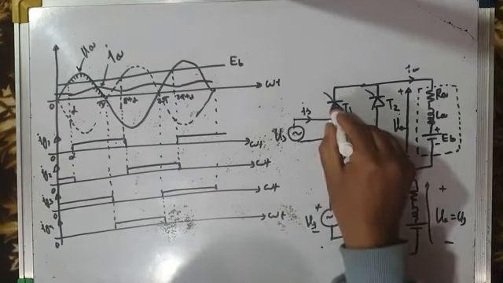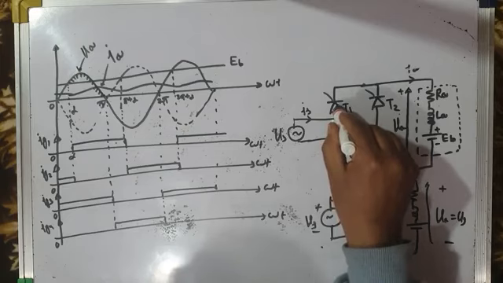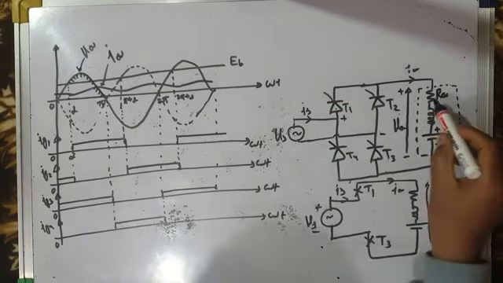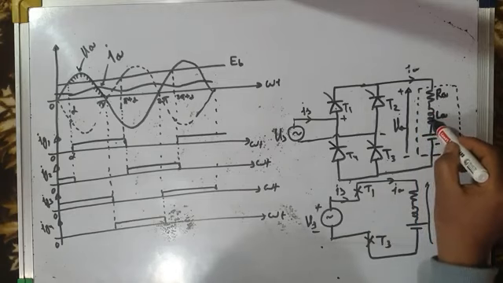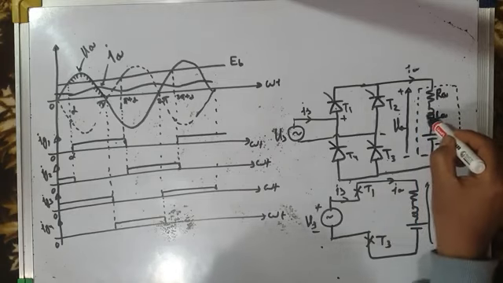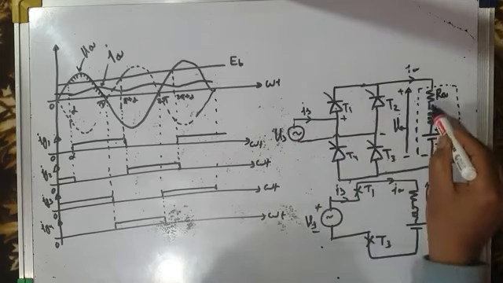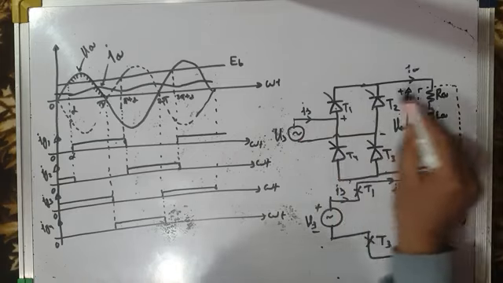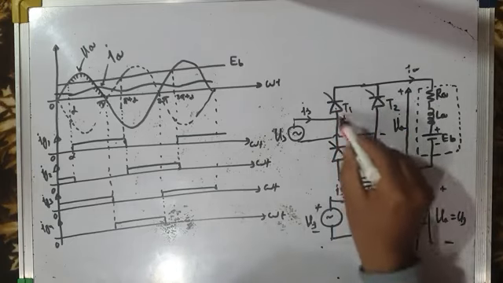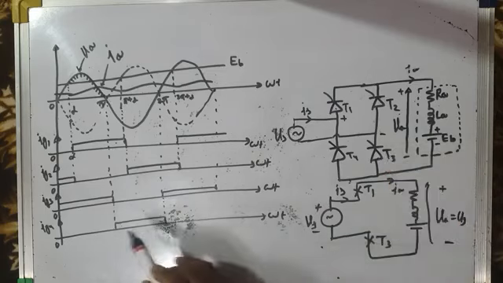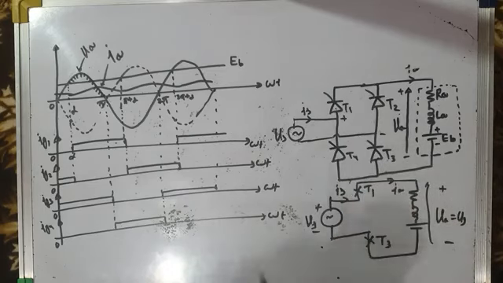Since thyristor T1 is already conducting, T4 will also start conducting, and now whatever energy was stored there in the inductance, inductor will release that energy, and that energy, instead of going back to the source, it will freewheel through T1 and T4. Why? Because T1 and T3 has stopped conducting. Firing pulse to T3 has become low, but T1 is still conducting.